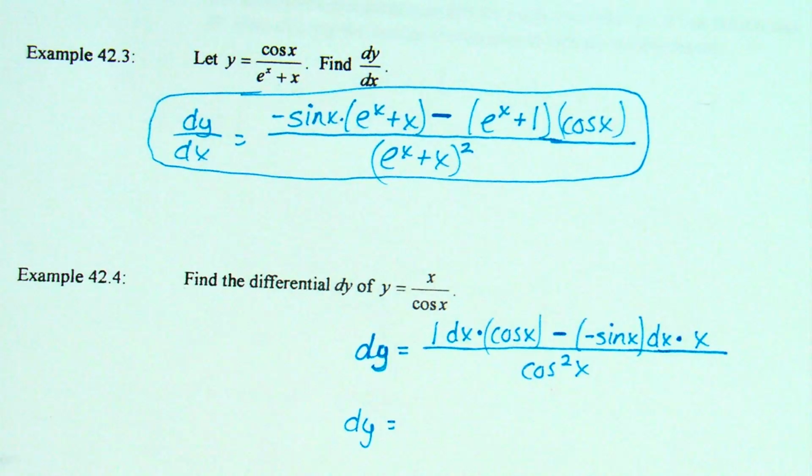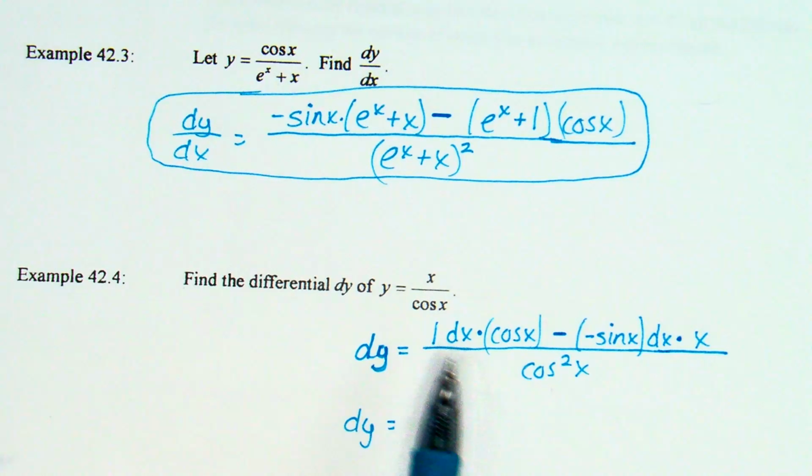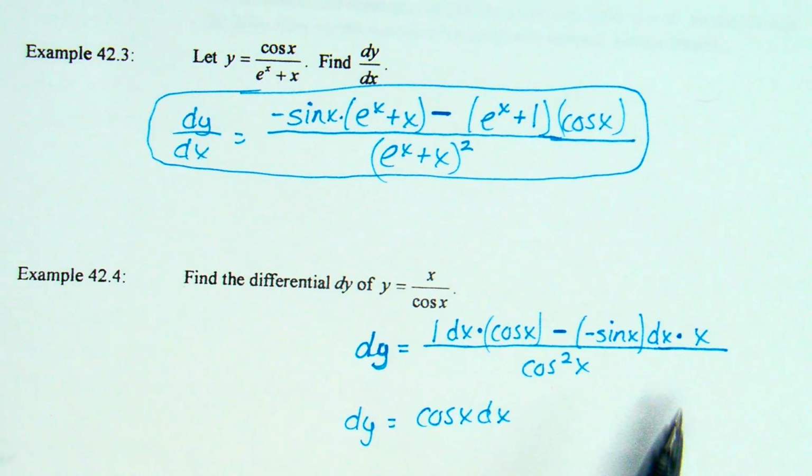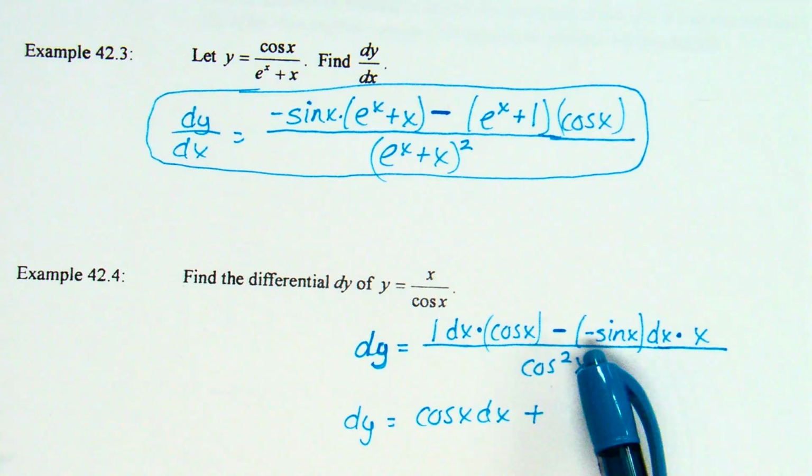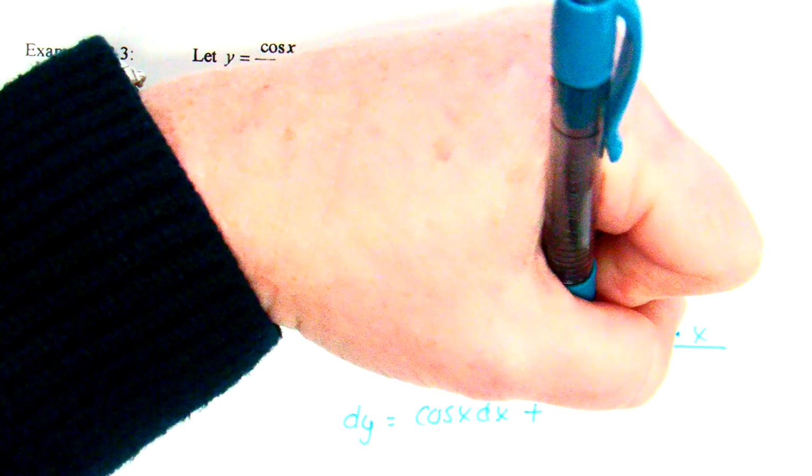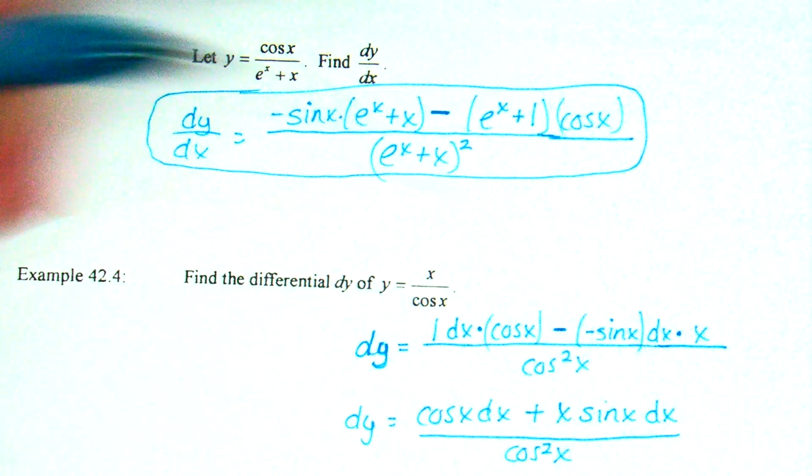Okay. Now I do just a little bit of cleanup. So 1 dx times cosine x. If I just reorder that, we tend to put dx's at the end. I'm going to say that is cosine x dx. On my next term, minus a negative, plus, there's sine x, dx, and there's an x. Where should I put that x? In front of the sine x. So I'm going to say plus x sine x dx, all over cosine squared x.